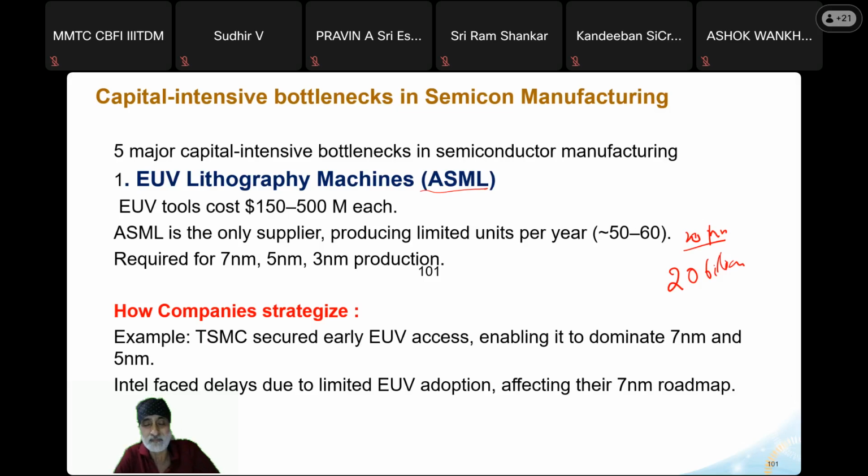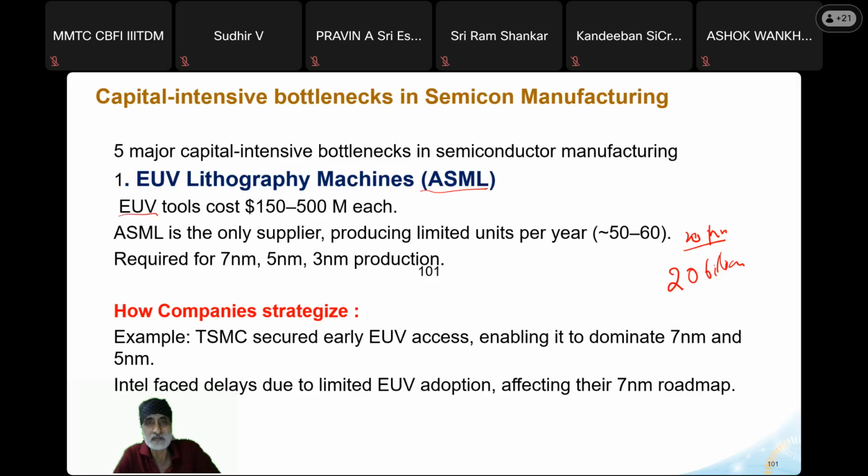And if you have to do fabrication below 10 nanometer, you need those extreme ultraviolet machines which cost close to 400 to 500 million dollars. And not only that, the delivery time nowadays is 1 year, even more than 1 year, because ASML can produce only limited numbers of such sophisticated equipment in a year.